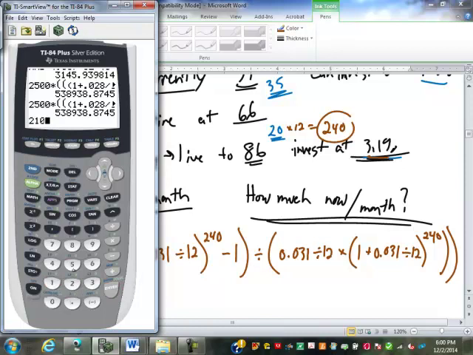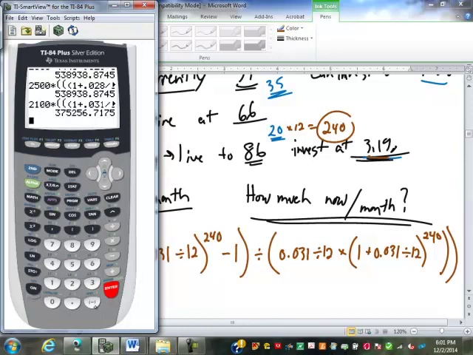So 2100 times, open parentheses, 1 plus 0.031 divided by 12, close, power of 240, minus 1, close, divided by open, 0.031 divided by 12 times, open parentheses, 1 plus 0.031 divided by 12, close parentheses, power of 240 again, close and close.